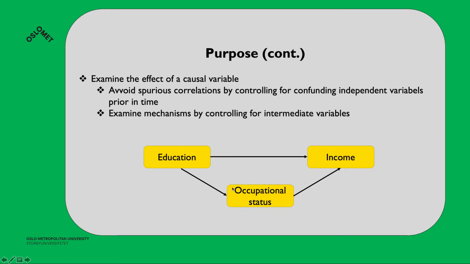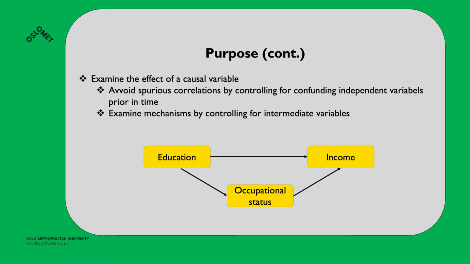If we look at the effect of occupational status on income, part of this effect might be spurious, not the whole thing, but it might partially be spurious, because education comes prior in time and has an effect on both income and occupational status. So we have to include education in our model and control for education to really find the effect of occupational status controlled for education.